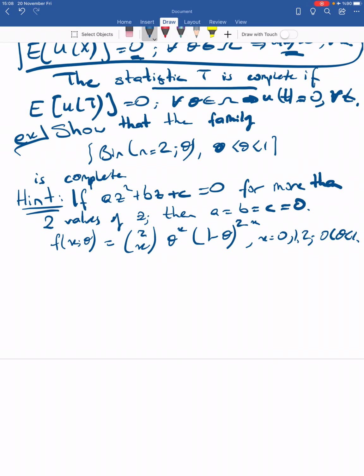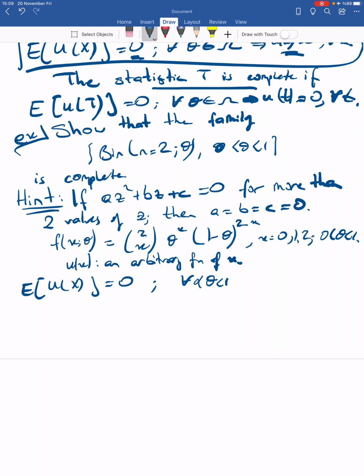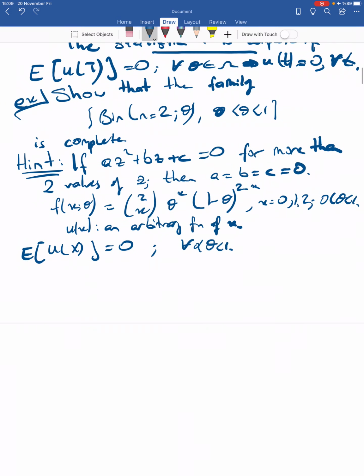We start with u(X), an arbitrary function of x, not depending on theta, and assume that its expectation is 0 for all possible values of theta in this range. So let's write this expectation.